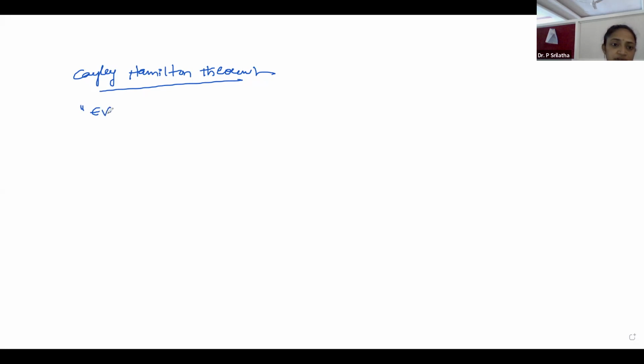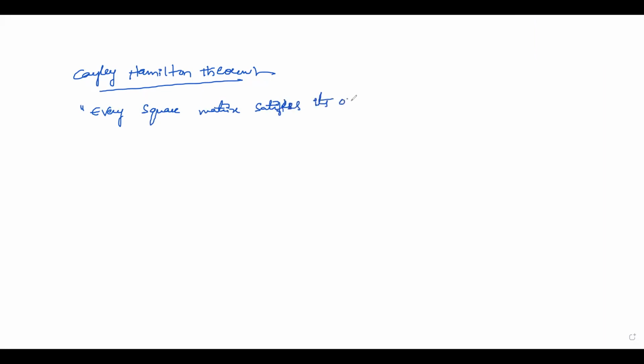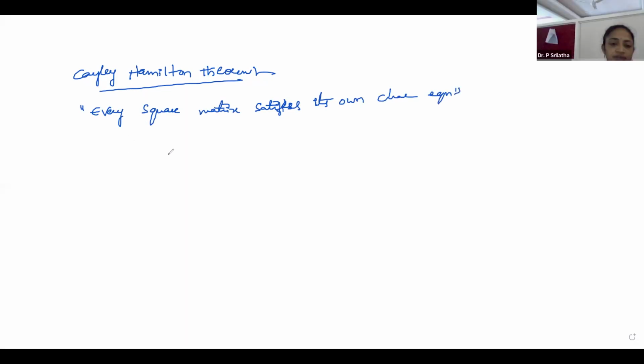So what is the statement of the Cayley-Hamilton theorem? Every square matrix satisfies its own characteristic equation.